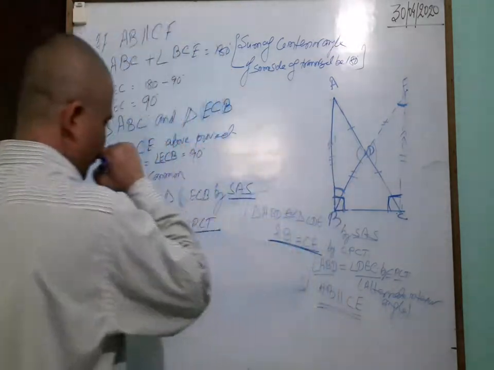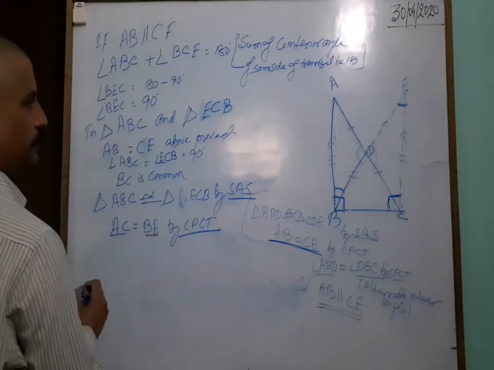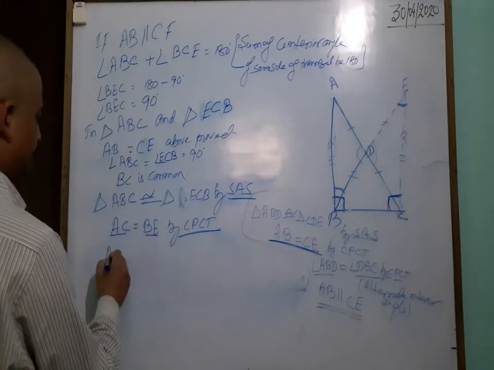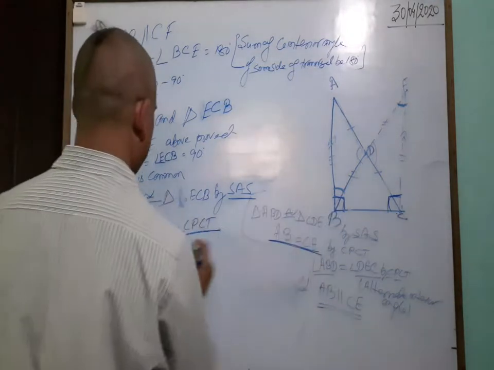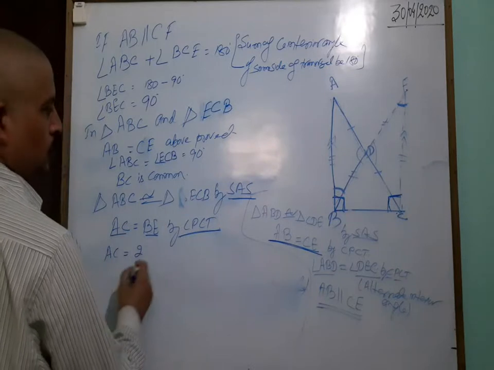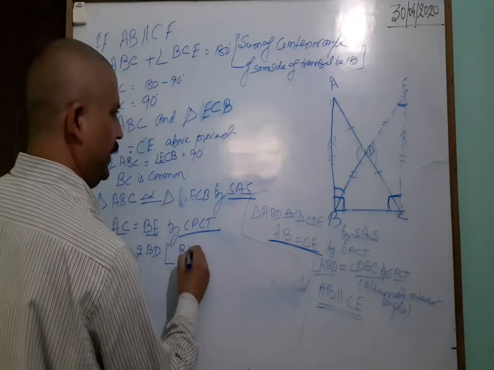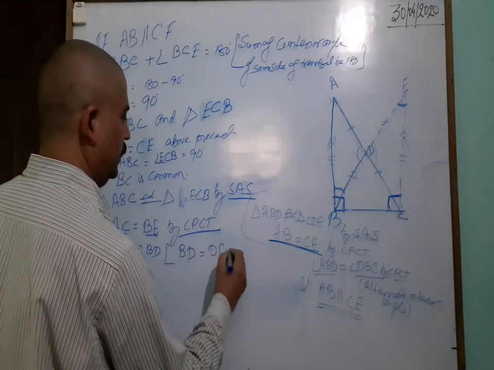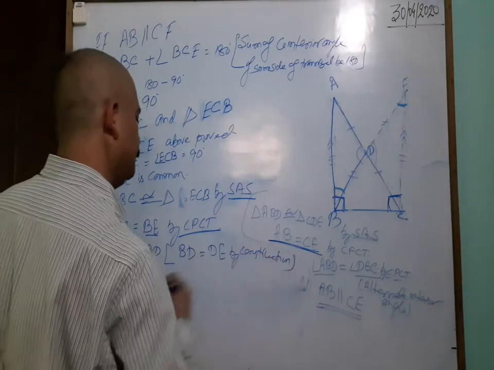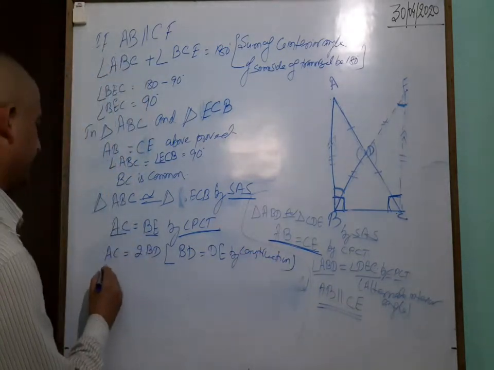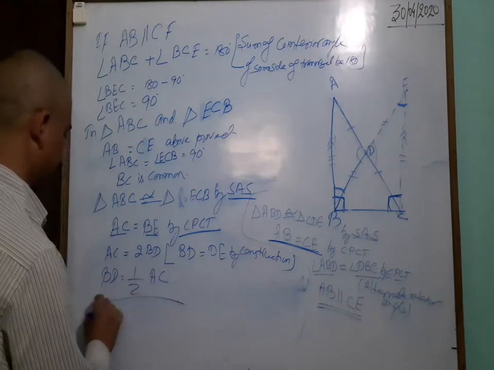We have written that AC is equal to BE, which is equal to BD, because BD equals DE by construction. So BD is equal to half of AC. Hence proved.